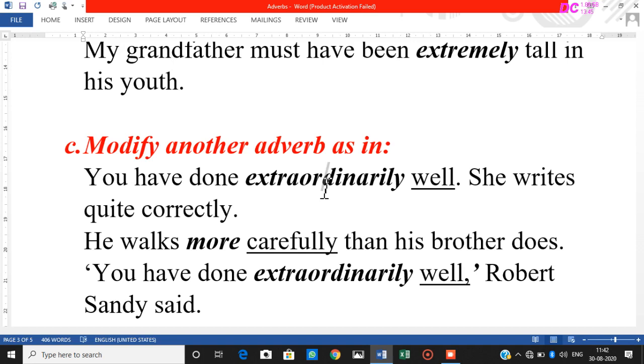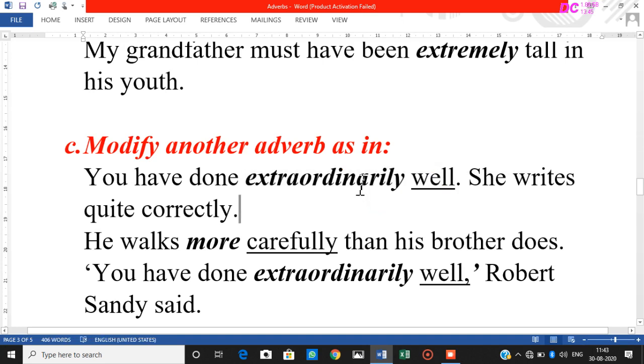Done is a verb, so well is an adverb. So extraordinarily is another adverb because it modifies the adverb well. So two adverbs are continuously used here, one after another. So one adverb modifies another adverb.